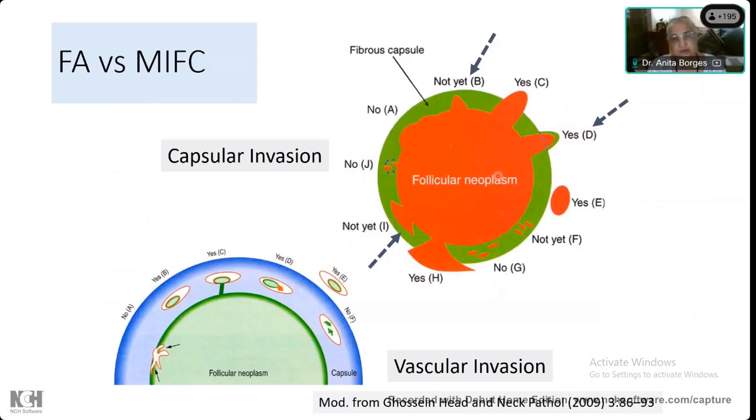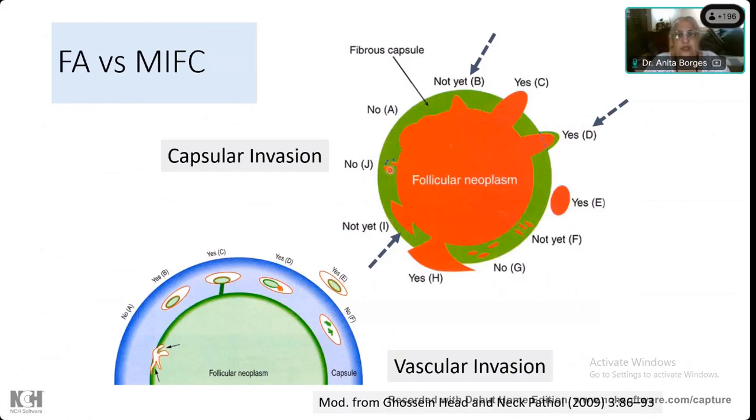It comes from this article that was written by Ronald Gossain, who was the head of head and neck pathology at Memorial Hospital, and you can go and look it up. But this is a diagram that everybody knows.